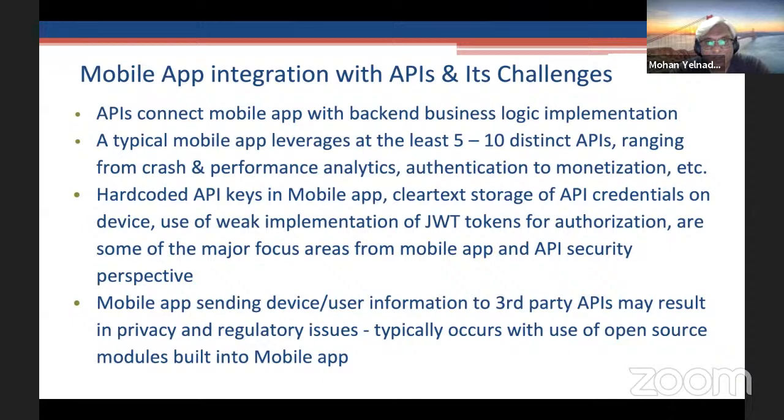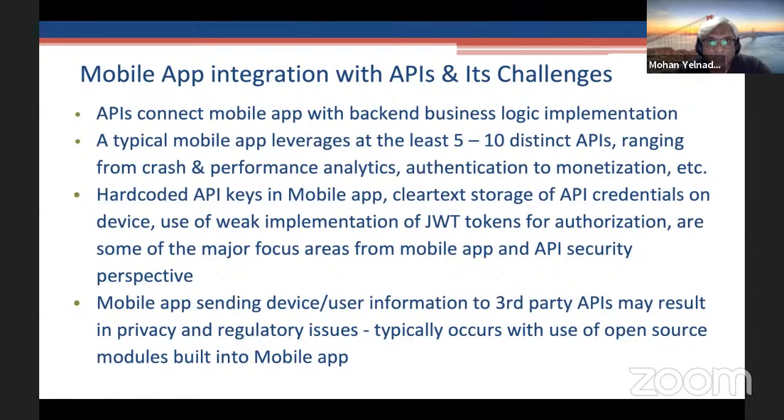Apart from that, from the mobile app security and API security perspective, what is critical is the data about the device and about the user that is being sent transparently, that means without the knowledge of the app user, to third parties.